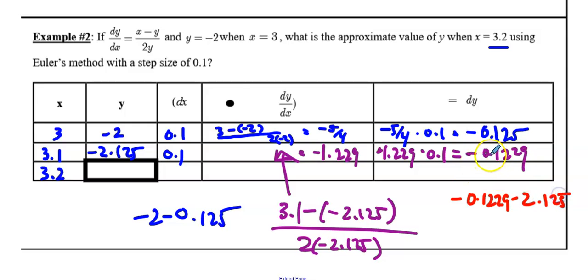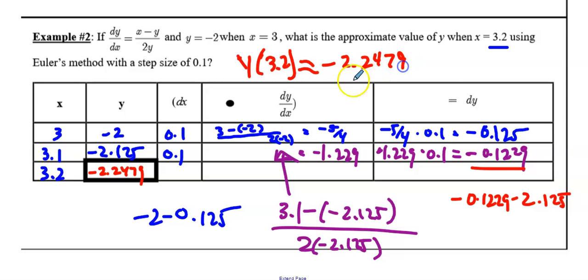I want you to understand we are taking this number and we're adding this number here, but they're both negative, so we're essentially subtracting them from one another, and we're going to get that this is -2.2479. So y sub 3.2 is going to be approximately equal to -2.2479. And that, ladies and gentlemen, is our friend Euler's method.